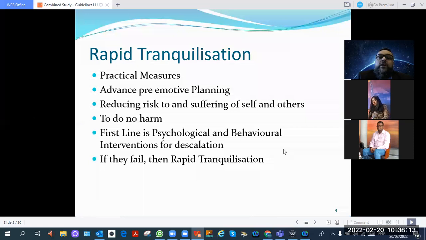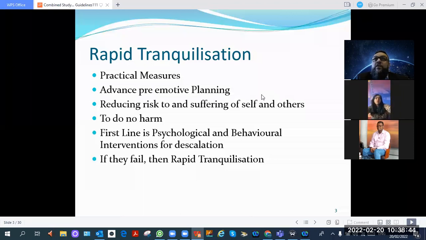So, rapid tranquilization: practical measures and advance preemptive planning. We should reduce the suffering of the patient and the suffering of others. The patient is suffering, and other patients and staff members are also suffering.